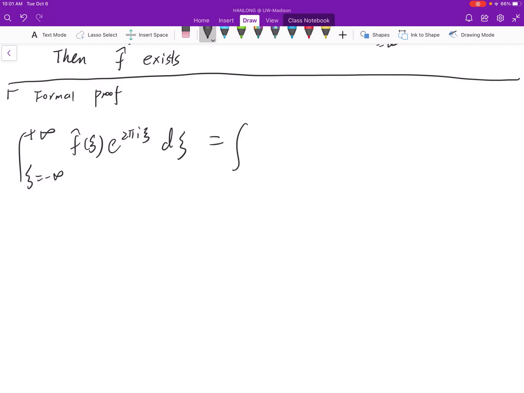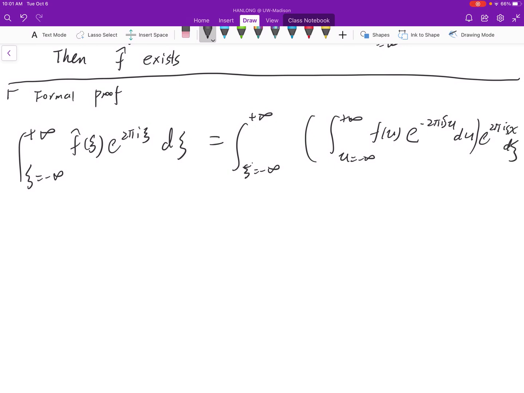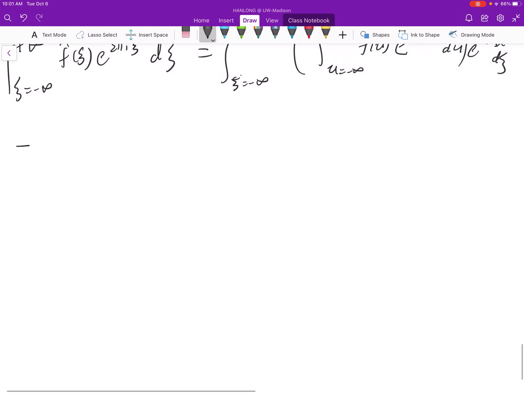Then we plug in the formula for the Fourier transformation: the integral over u from negative infinity to positive infinity of f(u) e^{-2πiξu} du, times e^{2πiξx} dξ.